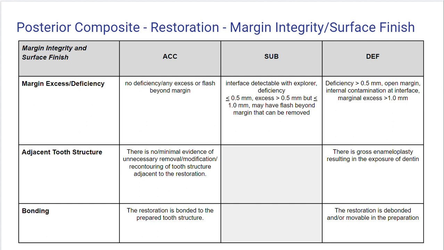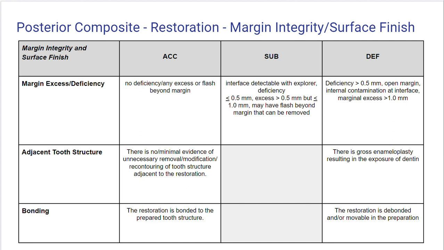Adjacent tooth structure. This is not the adjacent tooth. This is the tooth structure that is adjacent to your margins. And so this is an area where if you over polish and damage some tooth structure, you might have some gross enameloplasty that might expose the dentin. And so that's what this means.